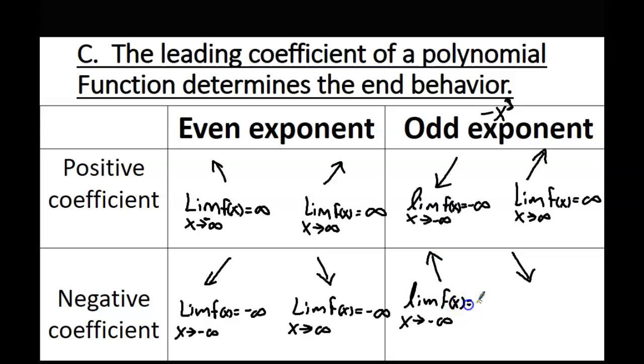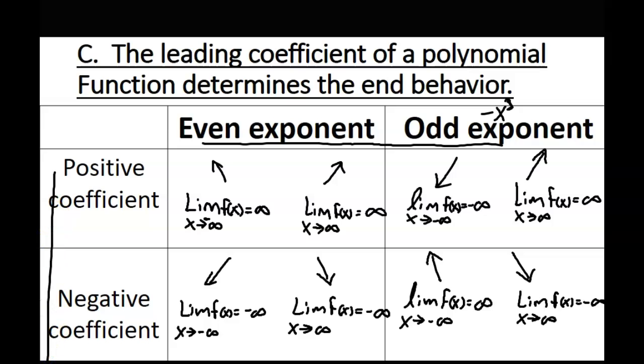The left side goes up to positive infinity, the right side goes down. Okay? So on your test, you're going to know two things. Based on the exponents and coefficients, whether the exponents are even or odd, and whether the coefficients are positive or negative, you should be able to draw arrows to tell me which way the ends of the graph are going.